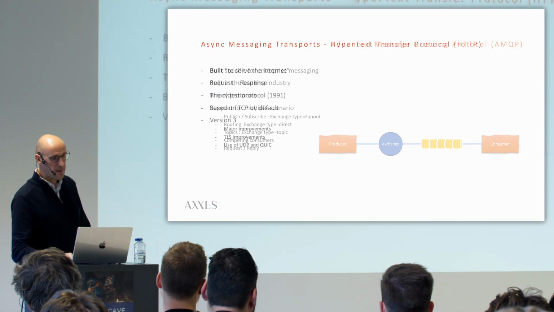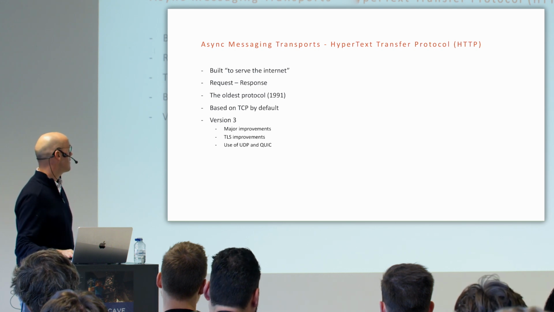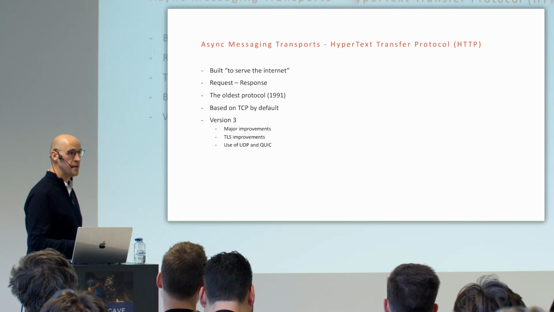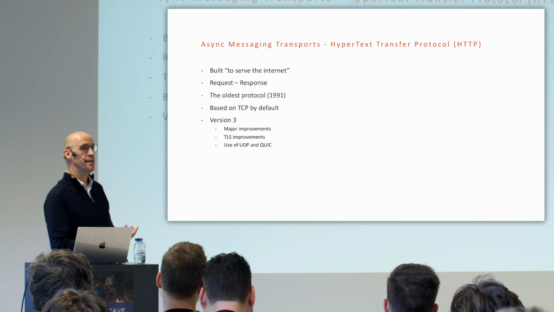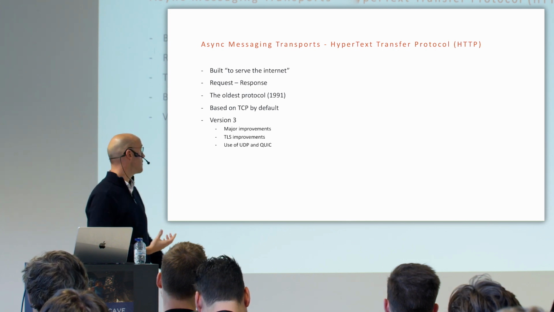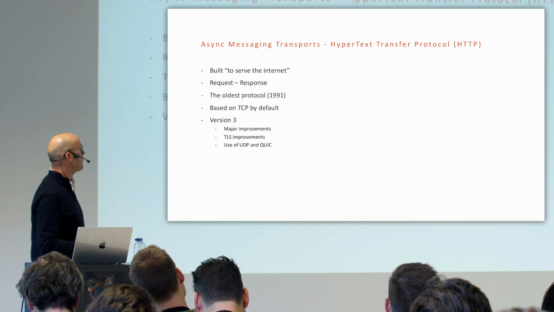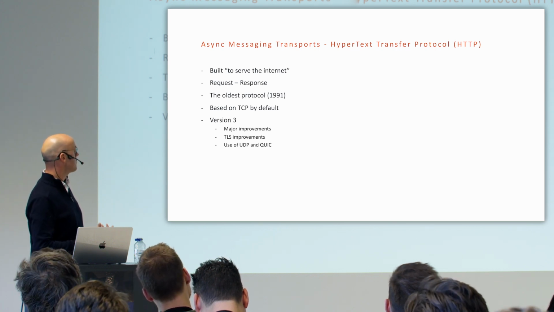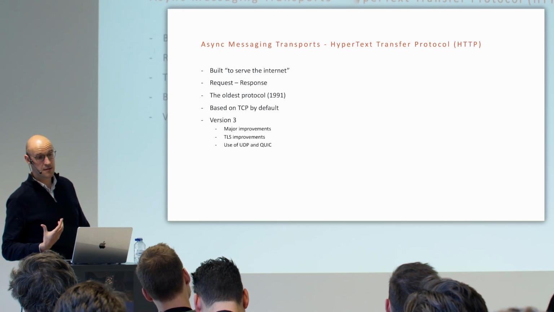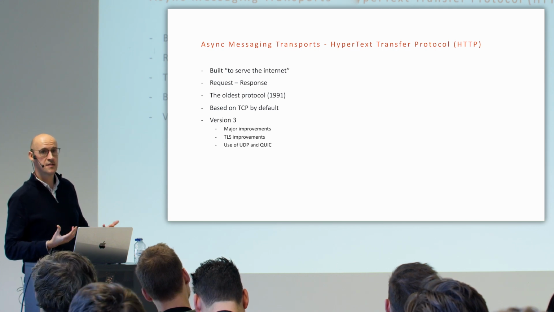Now, the other one is HTTP, maybe one that you don't expect over here, but for example, SQS and SNS are making use of HTTP to send out messages to each other. This was not the initial purpose of HTTP, but they are still working on it. And in the past, they had some issues with delays.